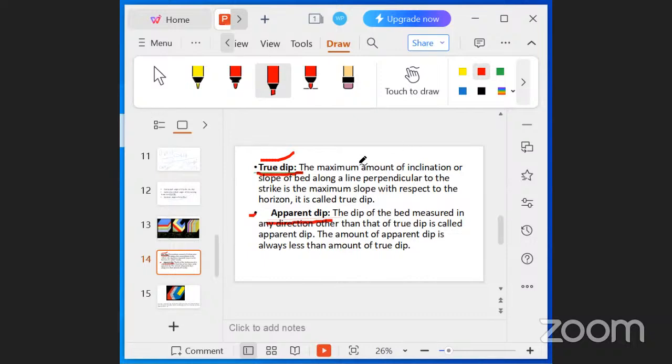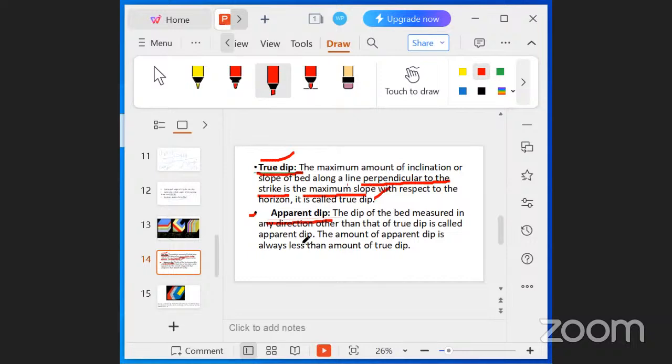So now, what is the true dip? The maximum amount of inclination or slope of the bed along a line perpendicular to the strike. Remember this: perpendicular to the strike is the maximum slope with respect to the horizon. It is called true dip, right?